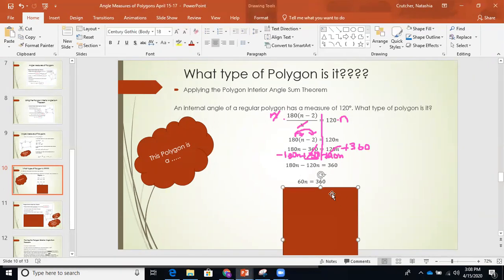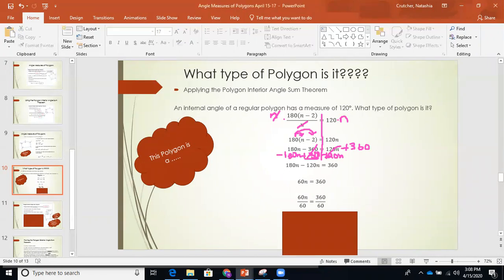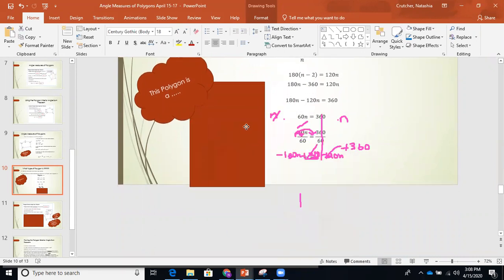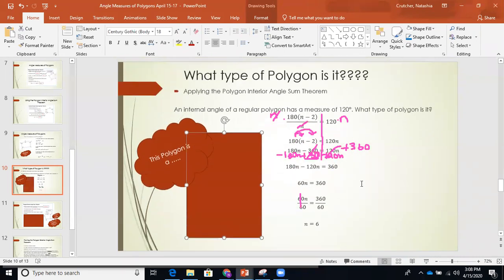And then we are multiplying, so we have to divide by 60. And once we do that, the 60s cancel. And it leaves us 360. Let me move this. There we go.